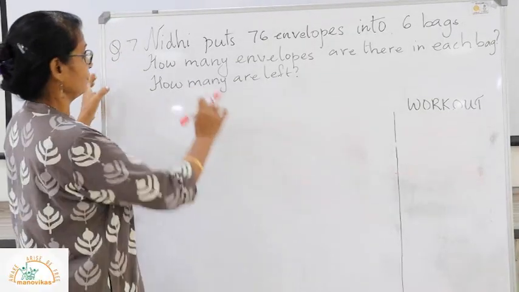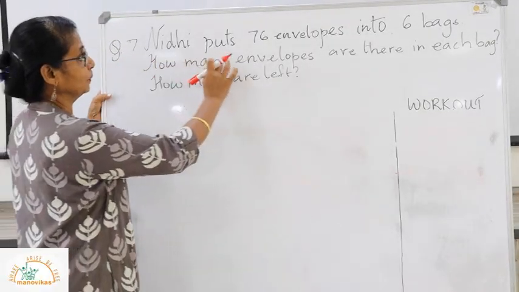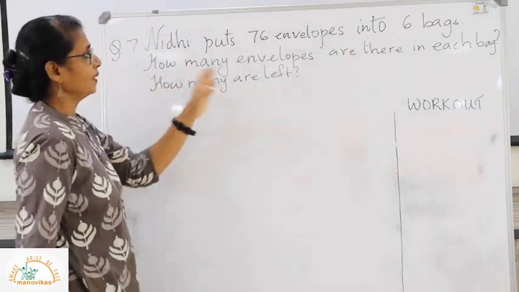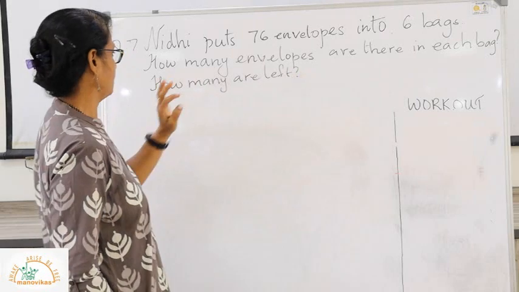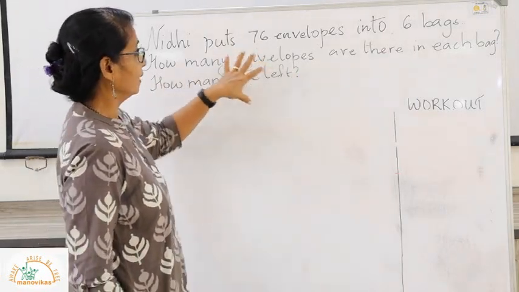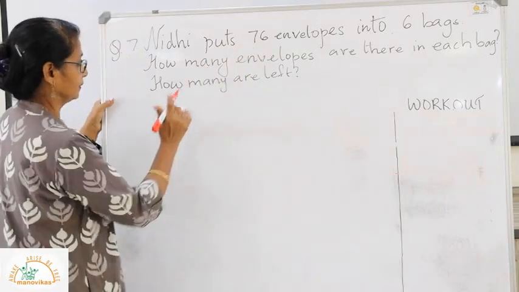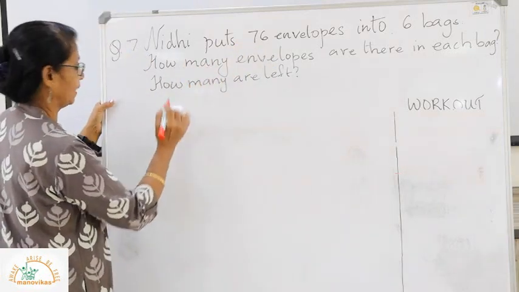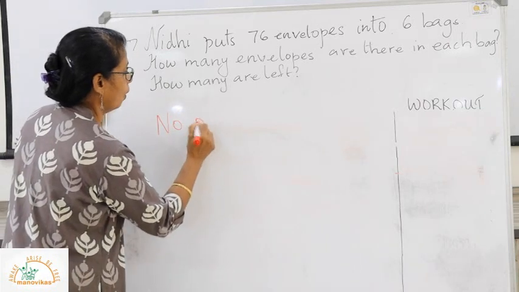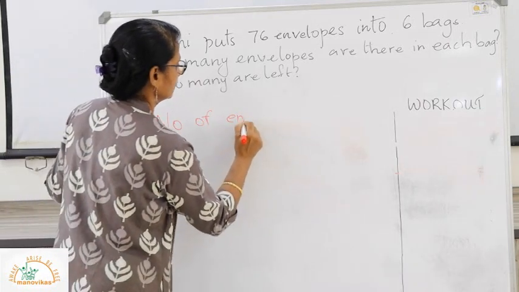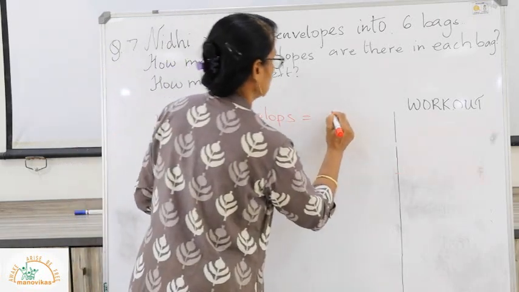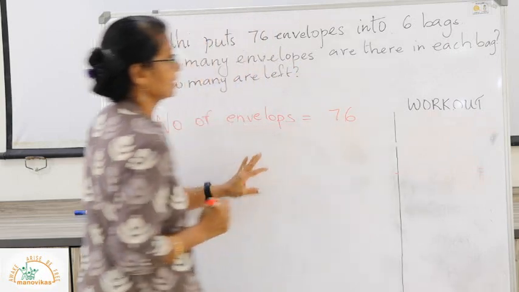Let's solve the 7th problem. Nidhi puts 76 envelopes into 6 bags. How many envelopes are there in each bag? And how many are left? Here we need to find the envelopes. How many envelopes? So number of envelopes is equal to 76.